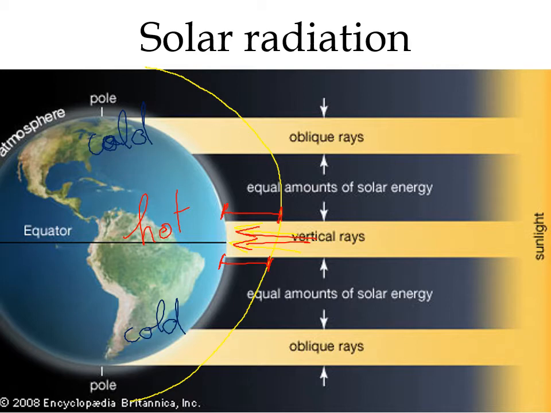But for hitting them here, it has to cross all of this amount of gases. It's much more. So it has to cross a long distance. So it loses energy. It can't hit the earth so directly. And also there are more possibilities for the rays to be reflected and so on.